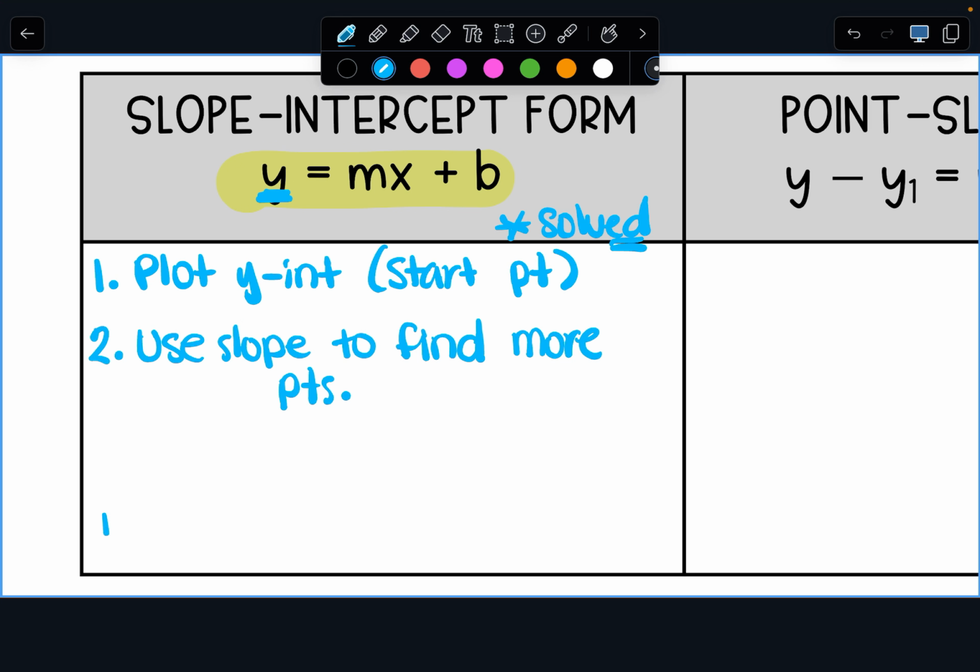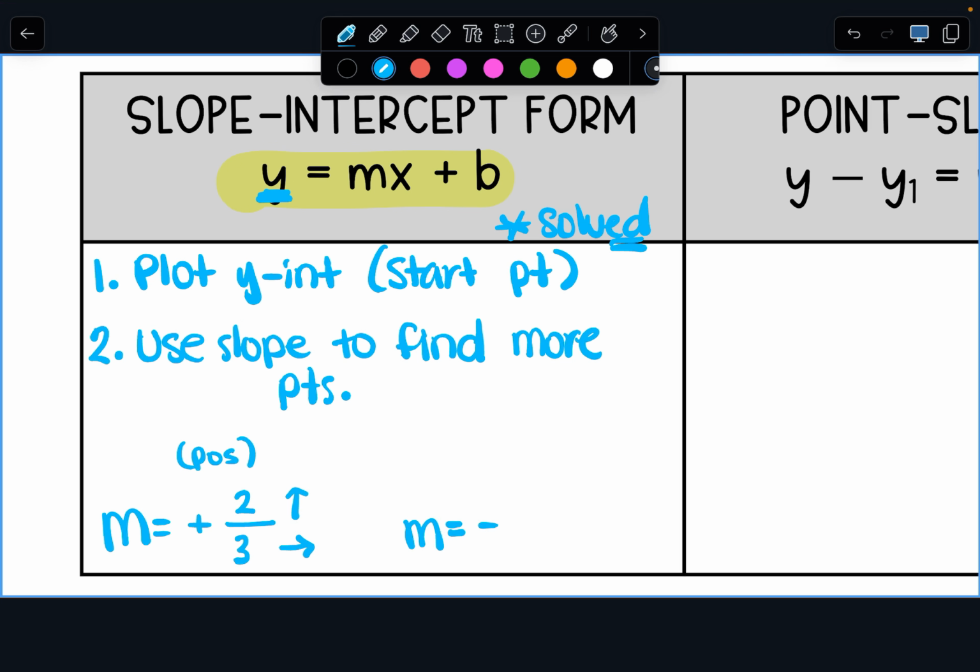M. Okay, so let's say, for example, the slope is a positive number, let's just say 2/3. To use the slope, what direction would we go in? Up. The top number is always up, and then to the right, because the fraction is positive, you go to the right.